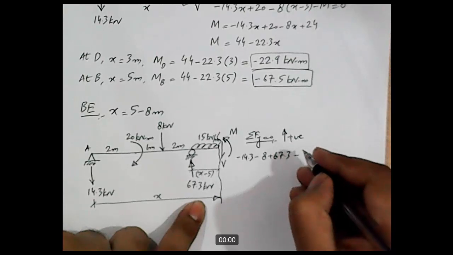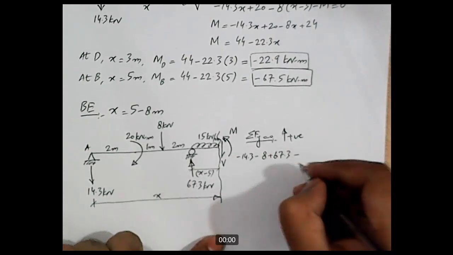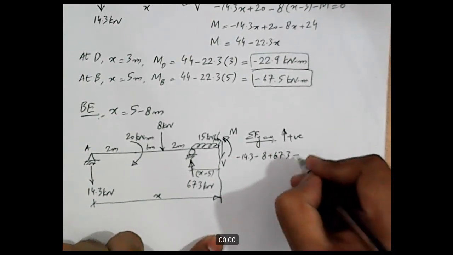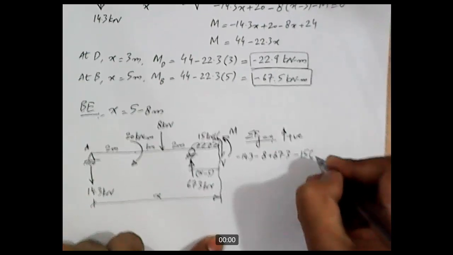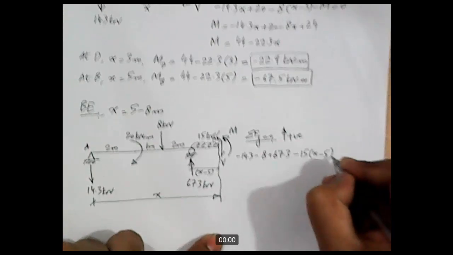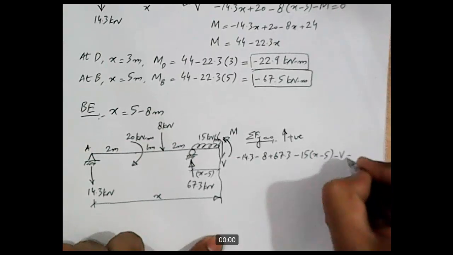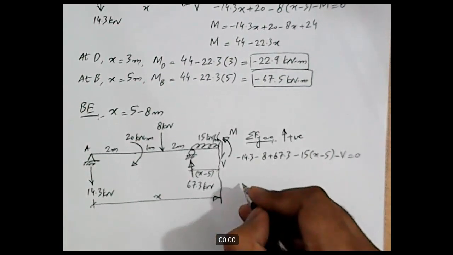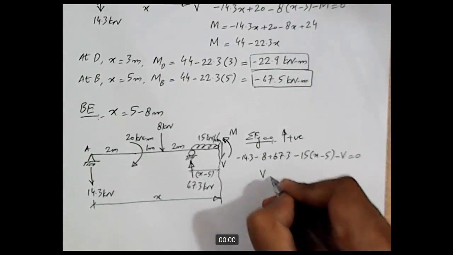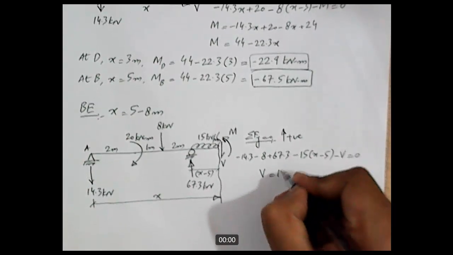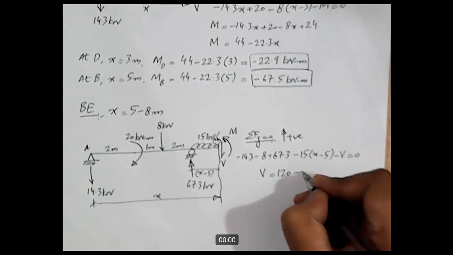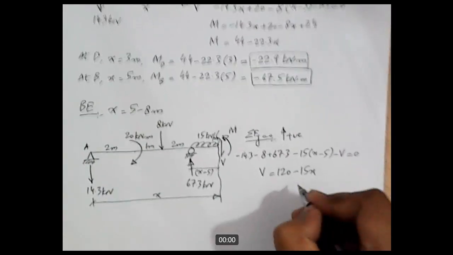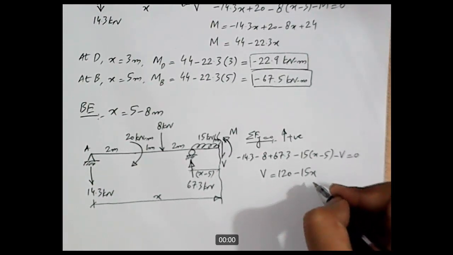So we'll write it down, minus 15 into X minus 5, and then minus V equal to 0. This completes the equation for shear. If we rearrange this, we get V is equal to 120 minus 15x.